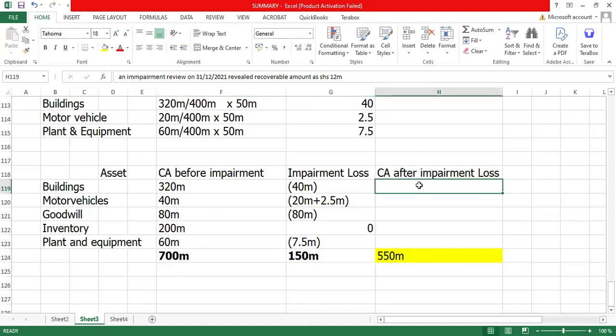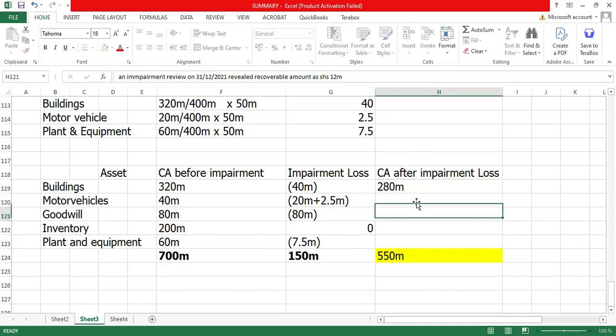The value here is how much? 280. Then here 17.5. Then here 0.